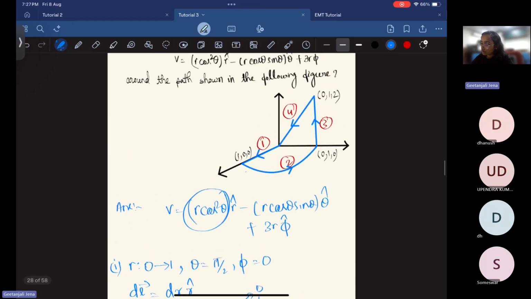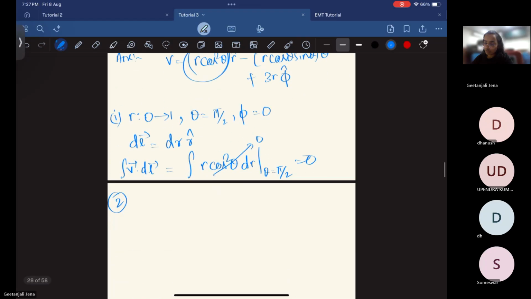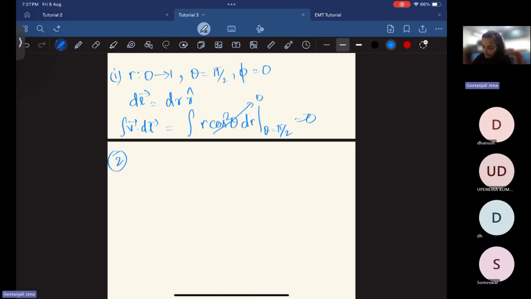For path 2, you can see phi is changing, theta is constant, and r is constant. So we have r is 1, theta is pi by 2. So d theta should be 0, dr should be 0.